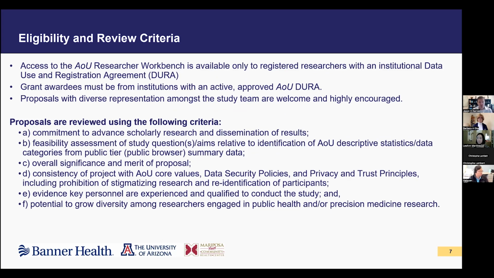And then you can see the review criteria here. I won't read these line by line. These are all in the RFA, and they're repeated verbatim here. Feasibility is one thing that I want to mention specifically.